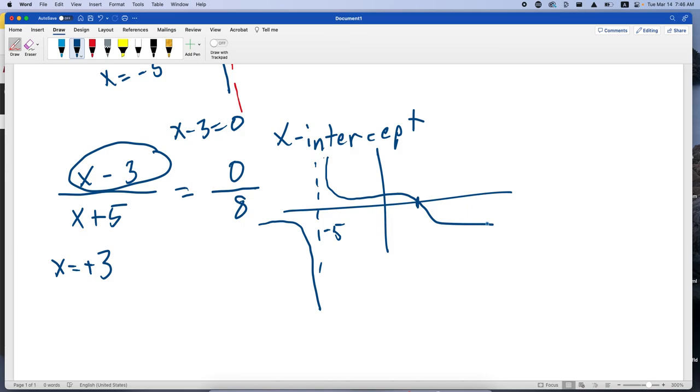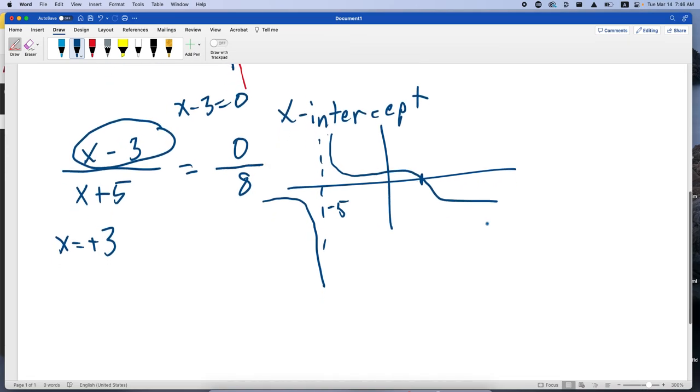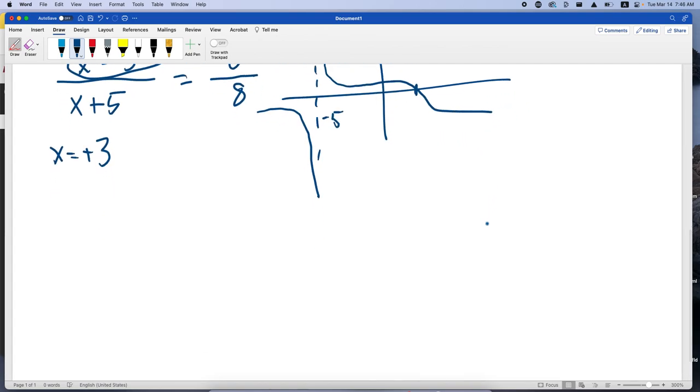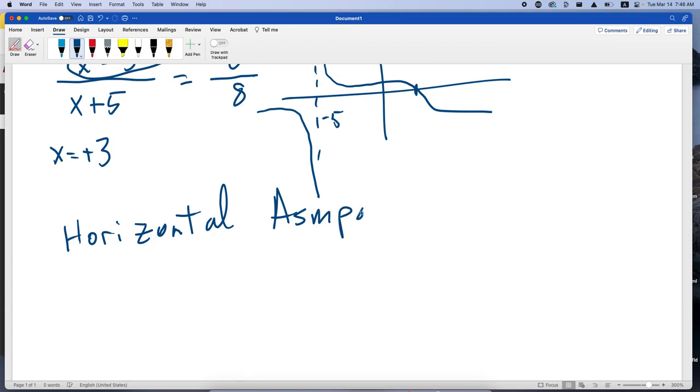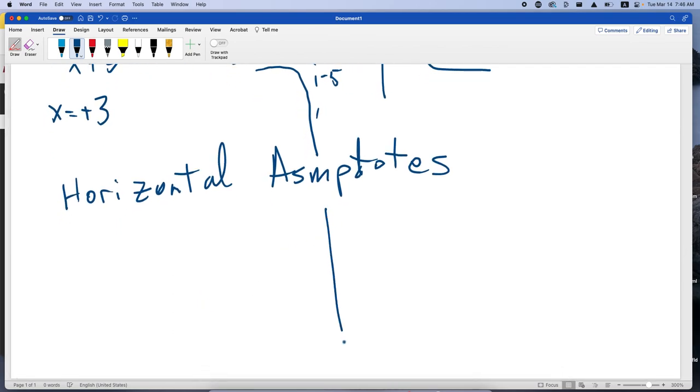Okay, one more thing is horizontal asymptotes. And that's going to be where the graph kind of goes to some horizontal line in the long run.